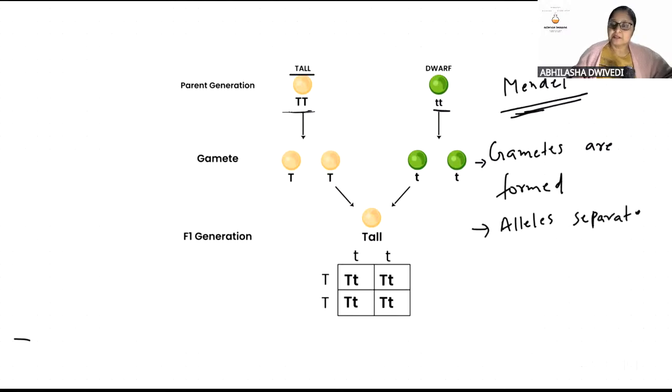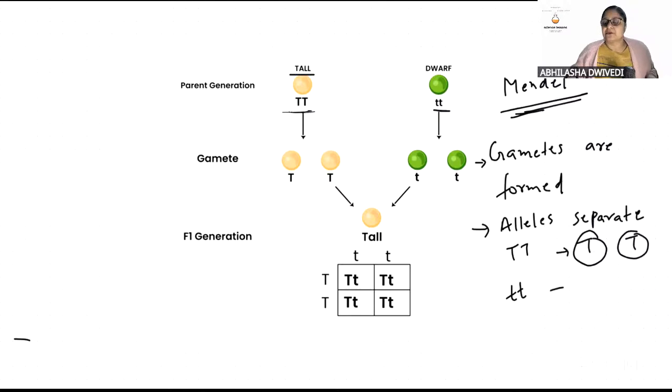So what does it become? If it is TT, it will become T and T. If it is tt, what will it become? I want you to write down in your book along with me: small t, small t.